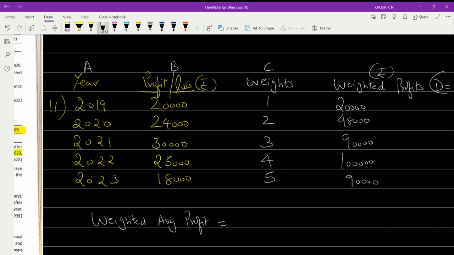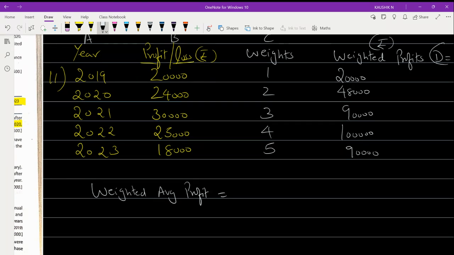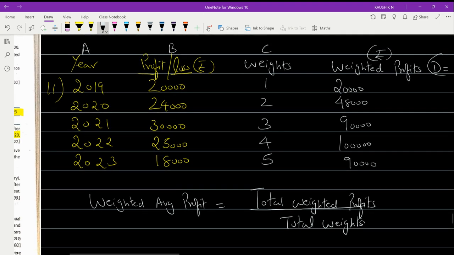Weighted average profit is equal to total weighted profits divided by total weights. So now you need to add these values.